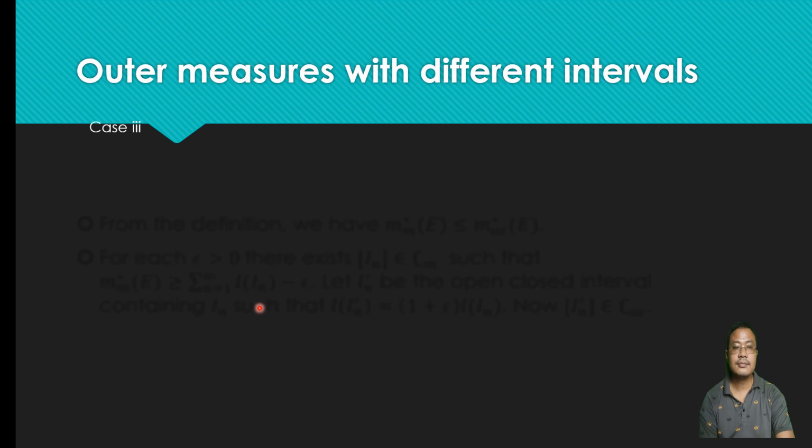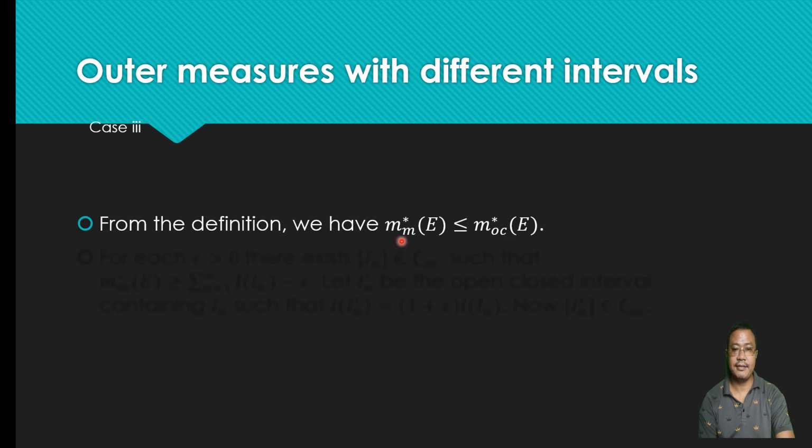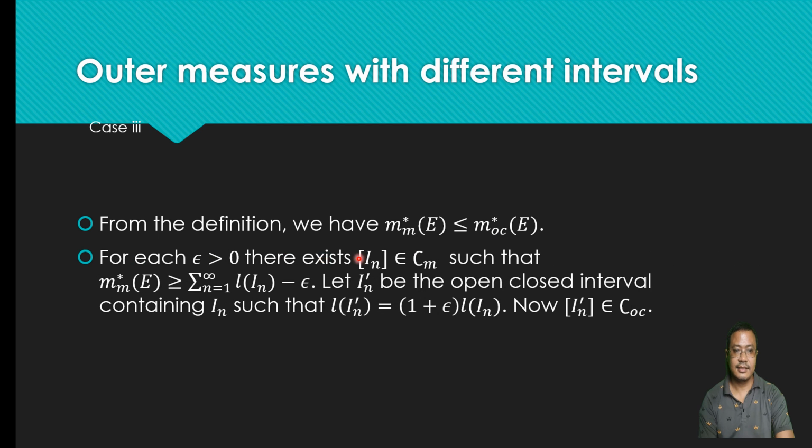Case number 3. From the definition we have again m star of M_E is less than or equal to m star of OC, the open-close interval, m star generated by or defined by the open-close interval. Alright, so for each epsilon there exists a cover I_n that is a member of C_M such that m star of M_E will be greater than or equal to the summation, n going from 1 to infinity, of the length of the interval minus epsilon.